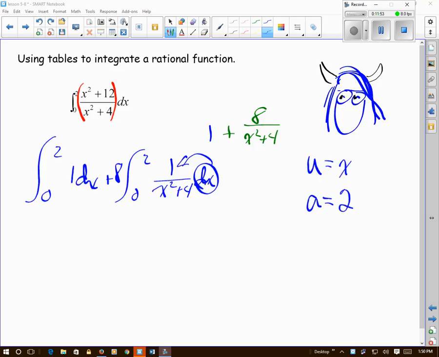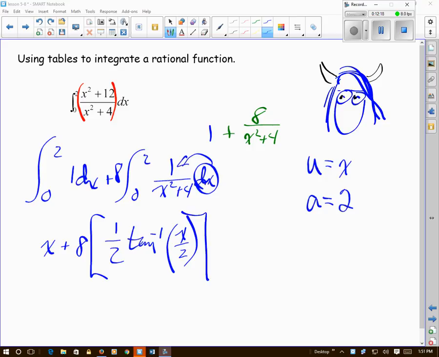Okay, so antiderivative of 1, well, that would just be x plus 8 times, and now we look at our formula. From number 17, we have 1 over a, so 1/2 inverse tangent of u over a, x over 2.